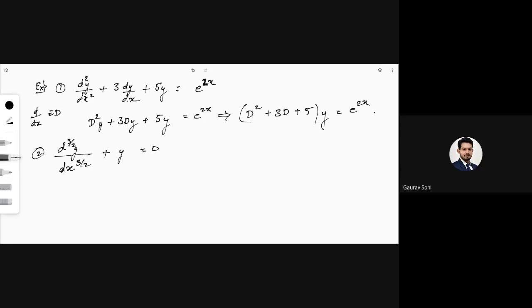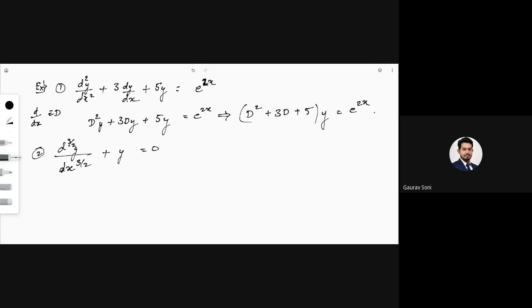So what I am trying to point out here is the difference from the previous one. There you had the power as a natural number or whole number, but in this case the power is 3 by 2. How do you take one and a half derivative of something? Does it make sense?